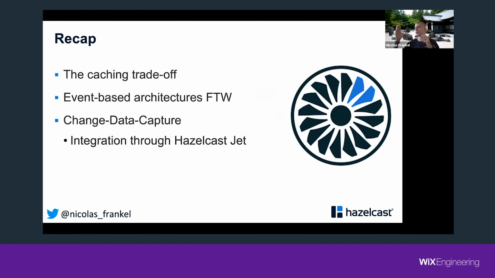Because if you are doing regular batching at normal intervals, then you will probably either miss data, miss updates, or waste resources. And then finally, I introduced you to the change data capture and to Debezium, and how Hazelcast Jet integrates both to do the stuff in memory.